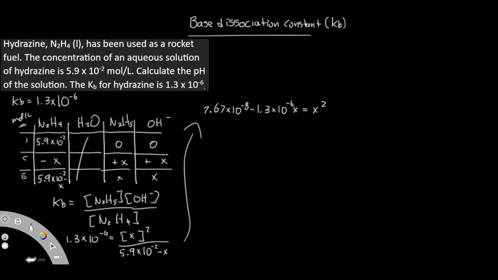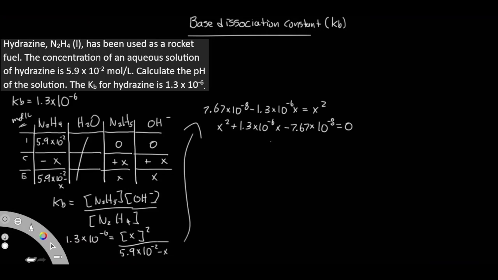So now from here, I can put them all on this side so we can have a nice quadratic formula equation format. So we have x squared plus 1.3 times 10 to the negative 6 x minus 7.67 times 10 to the negative 8 equal to 0.